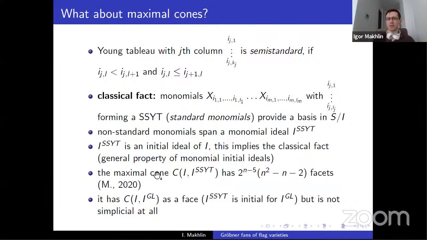So this is a general property. This is not obvious, but it's very simple. And so a way of proving this classical fact is proving this statement about initial ideals and deducing it.